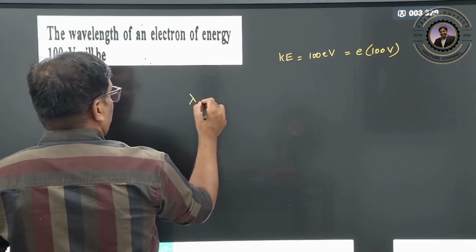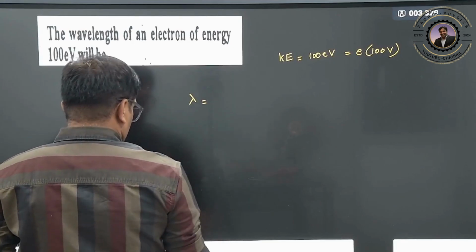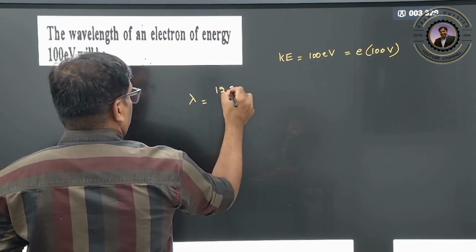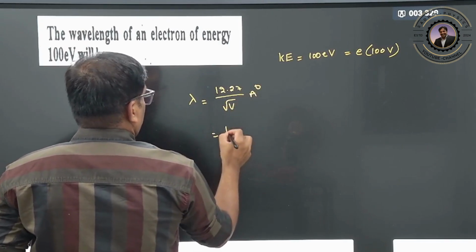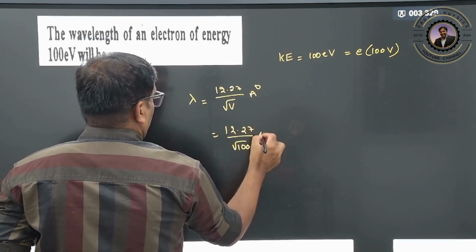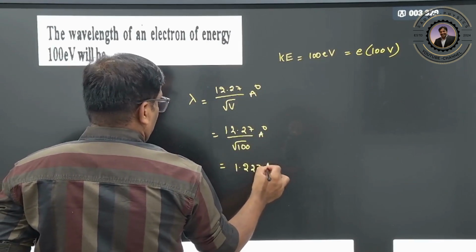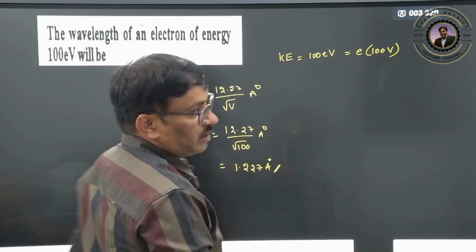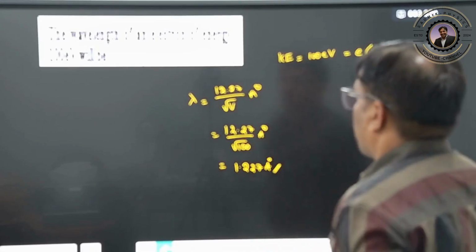De Broglie wavelength can be rewritten as 12.27 divided by root V angstroms. So, 12.27 divided by root 100 angstroms. Therefore, it is 1.227 angstroms. This is your answer. Clear? So, very easily you can solve the problems.